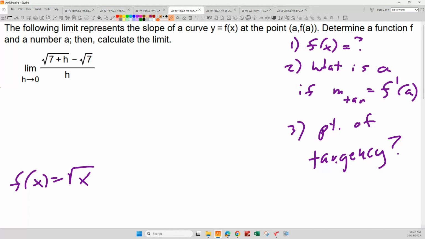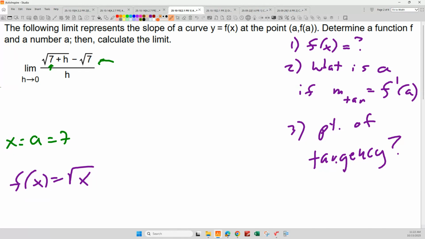It's at 7, isn't it? How come? Because we're plugging in a value of x equals a equals 7.